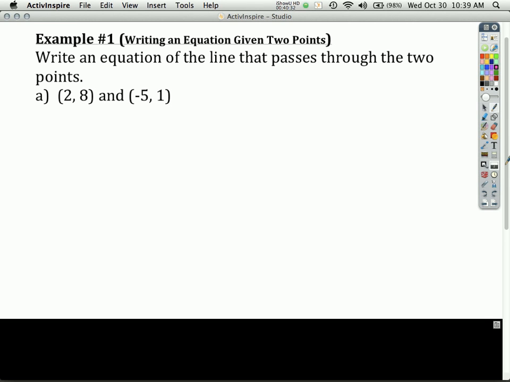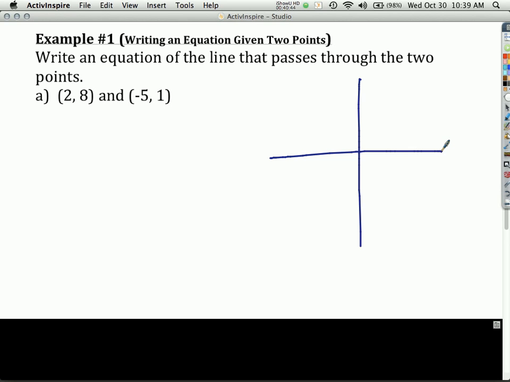Now, first of all, don't do this, but I want to just remind you of a major connection. In your mind, you should instinctively know that 2, 8, and -5, 1 are going to form a line. You should instinctively be able to know that these 2 points will form a line. But now I want the equation of this line.